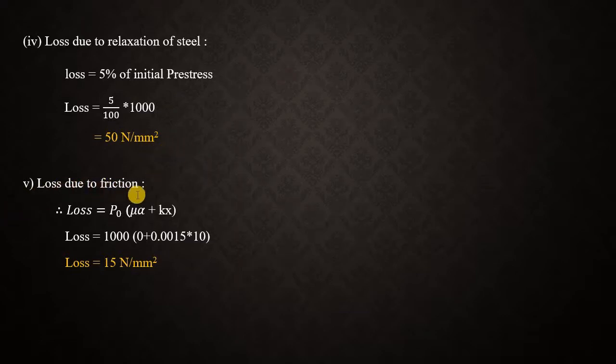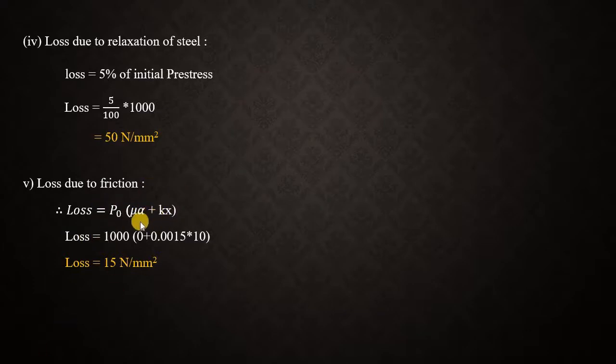Now loss due to friction. Friction comes only in the post tension system. The formula is loss equal to P naught into mu alpha plus Kx. P naught is nothing but initial stress.